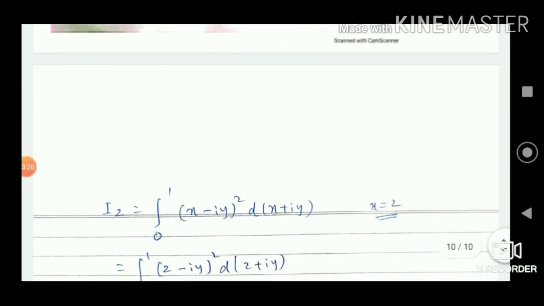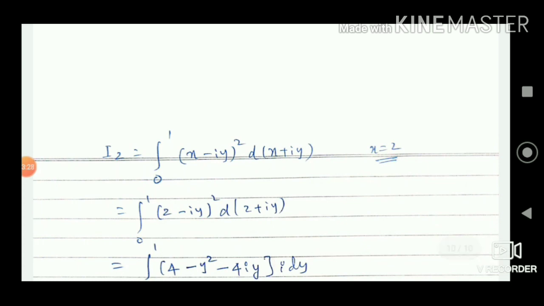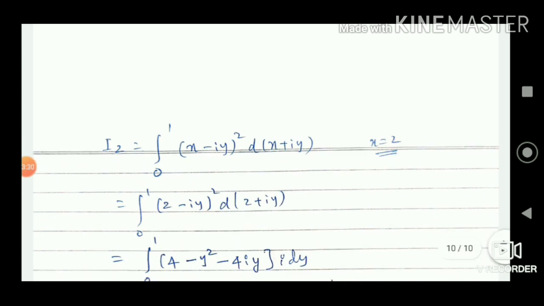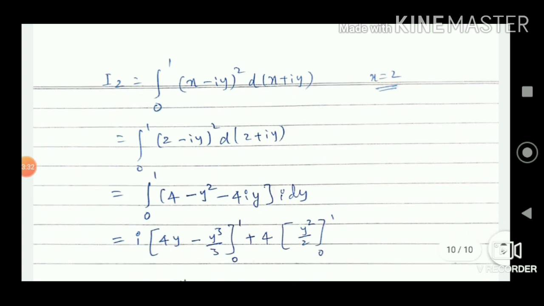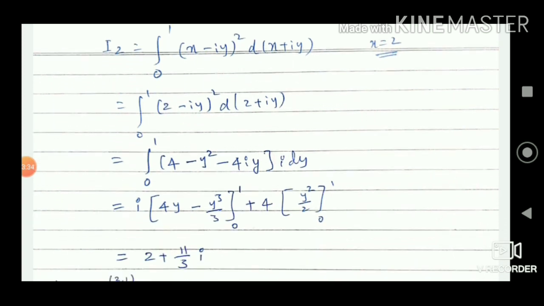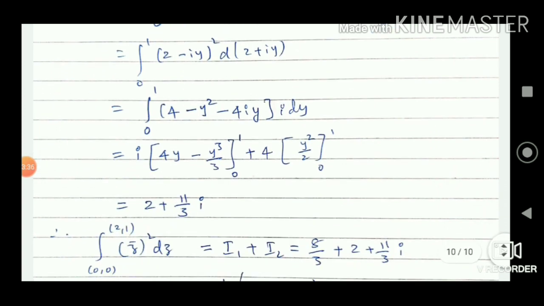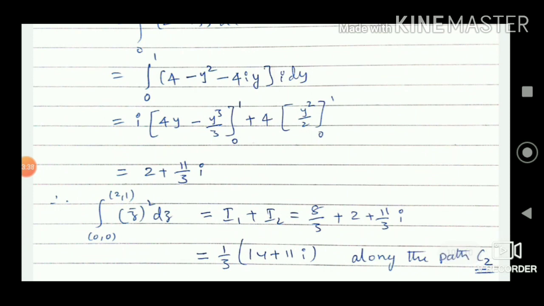The answer obtained for I2, by substituting x as 2, will be plus 11 by 3 into i. So I1 plus I2 is going to give you 1 by 3 into 14 plus 9i.